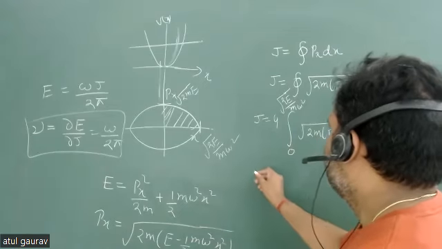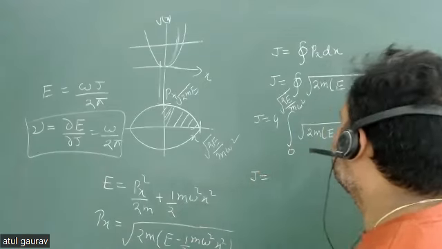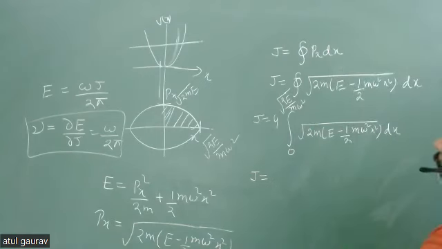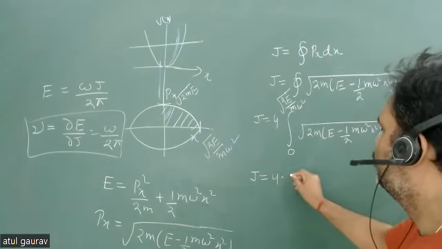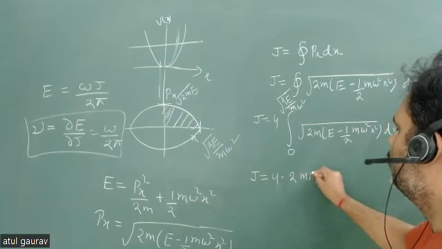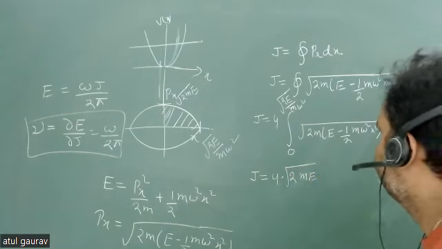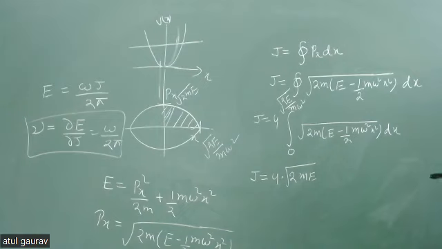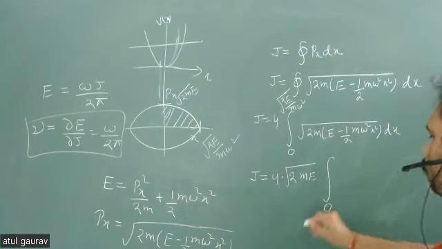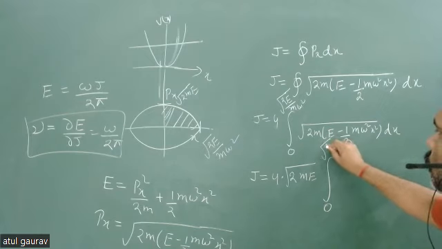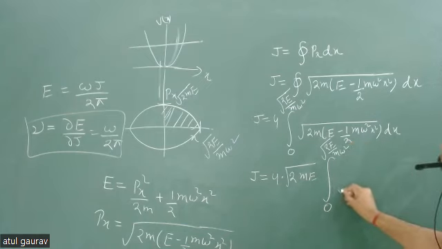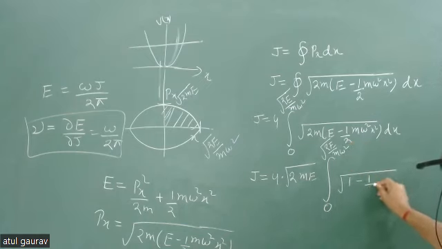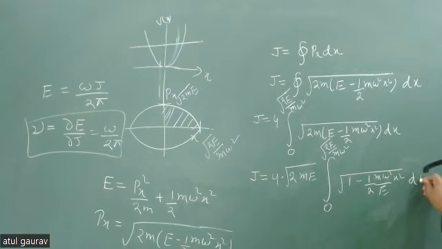So now the next step is that we are going to make it dimensionless. So how will we make it dimensionless? The first thing, we will take root under 2mE common. What are we doing? We are taking root under 2mE common, and then we will go for 0 to root under 2E upon m omega square. Here we have 1 minus half m omega square x square by E dx.